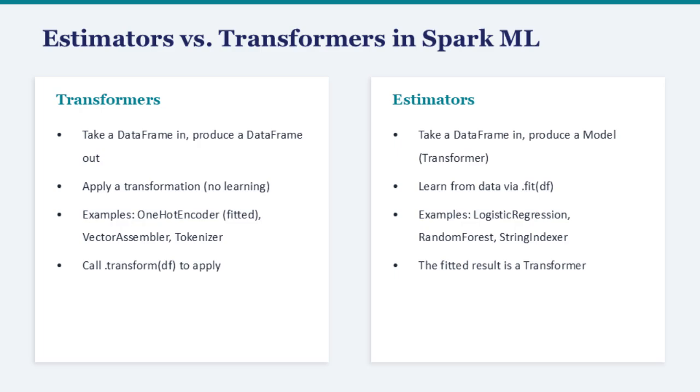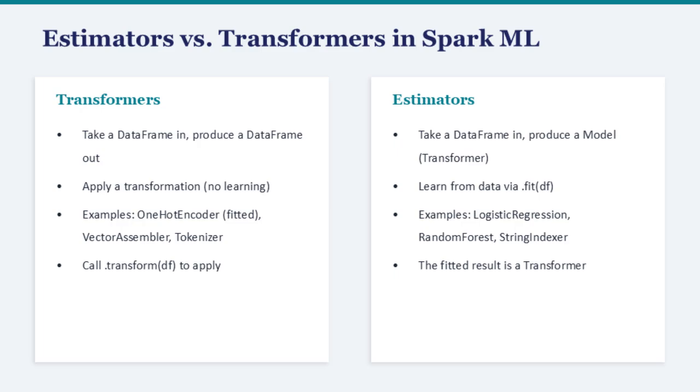Estimators, on the other hand, take a data frame as input and produce a model, which is itself a transformer. Estimators learn from the data via the dot fit method. Examples include logistic regression, random forest classifier, and string indexer. When you call the dot fit method, the estimator learns from the data and returns a fitted model that you can then use to transform the new data.